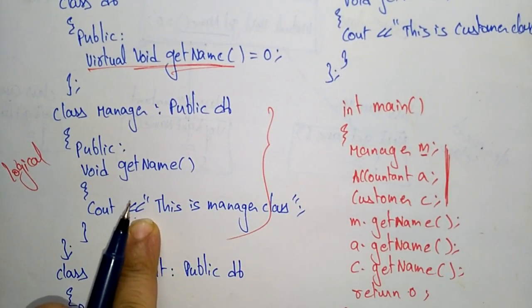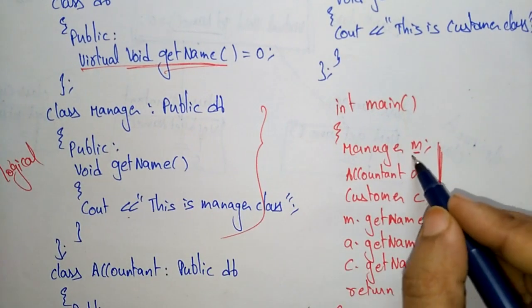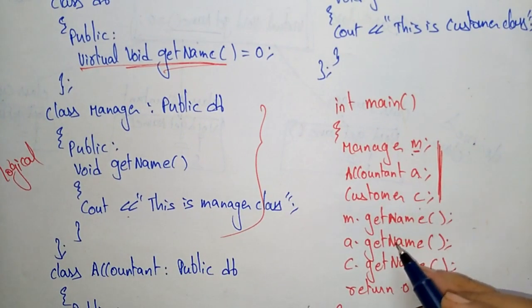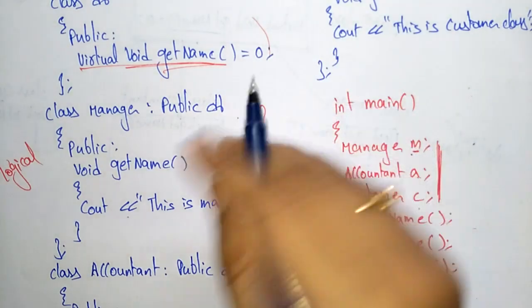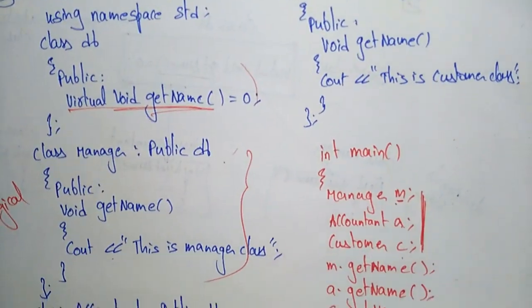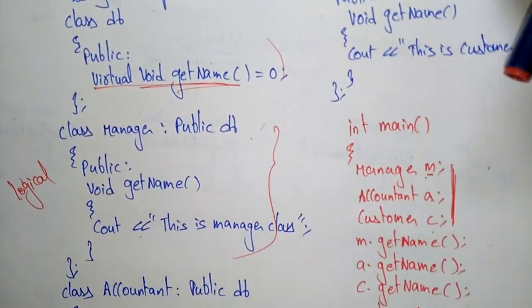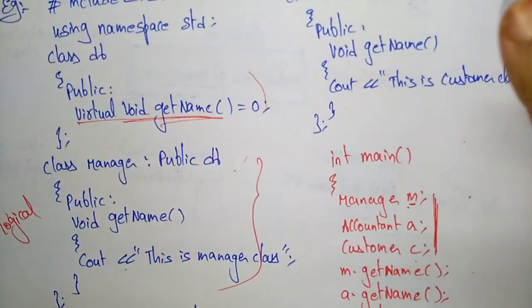So these derived classes will be called with the help of the objects. First it will store here, and with the help of the objects we call every function. So this is about the abstract class. I hope you understand. Thank you.